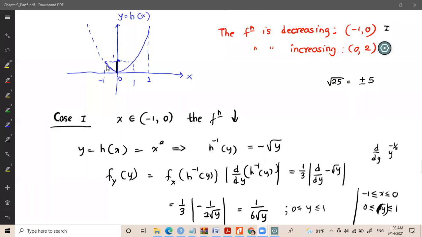When the function is increasing, that is where the positive square root part is incorporated. So you put the negative sign only because this function is decreasing. Because the function is decreasing, your inverse function becomes the negative, right?